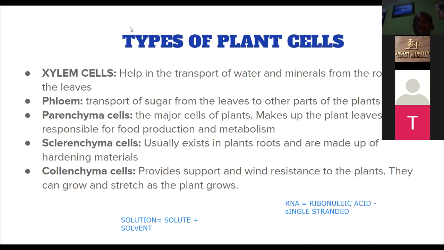It is the major cells of the body. It makes up the plant leaves and is responsible for food production and metabolism. That's the parenchyma cell, responsible for food production and metabolism.